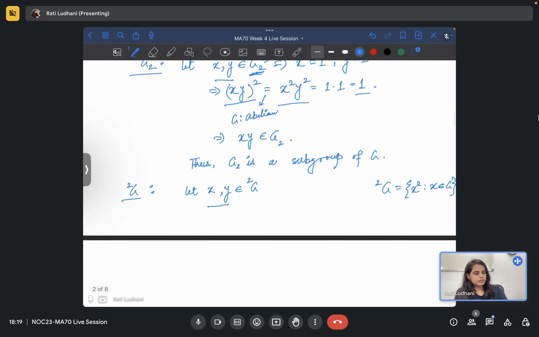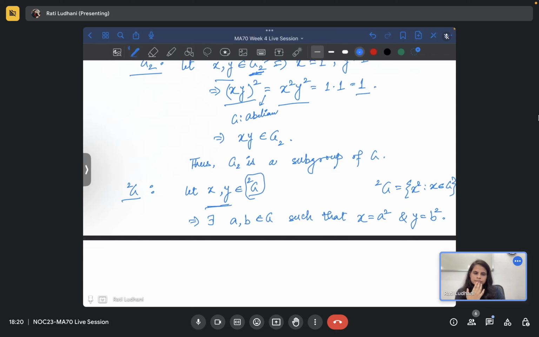So that means if x, y belong to 2G, there exist a, b belonging to G such that x is equal to a square and y is equal to b square, because the elements of 2G look like a square of some element of G. So that means xy will be something.